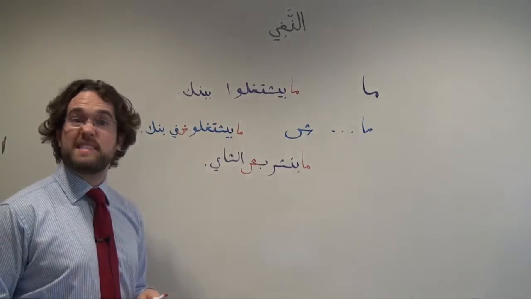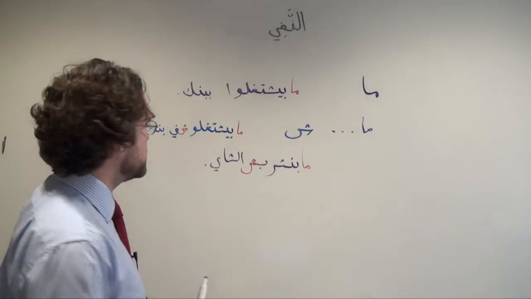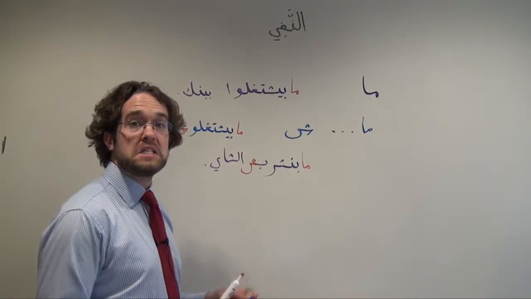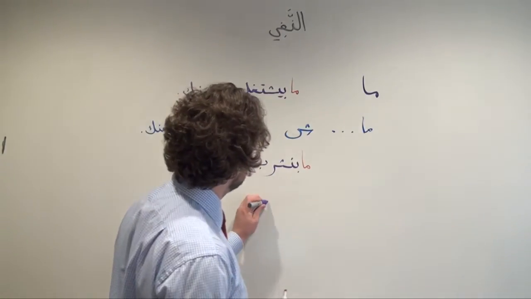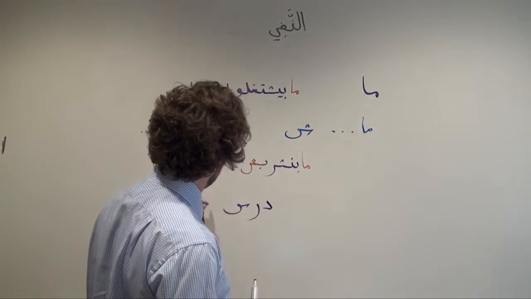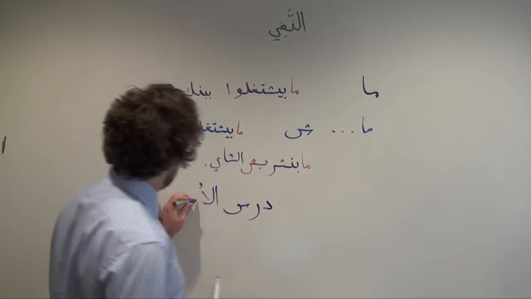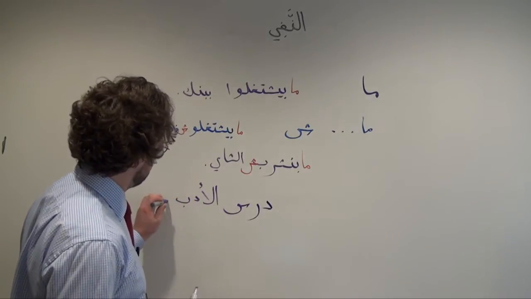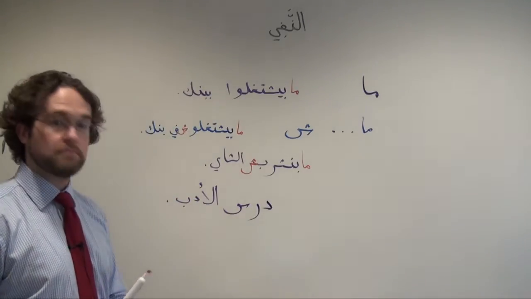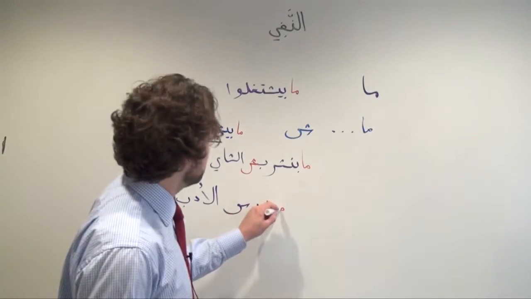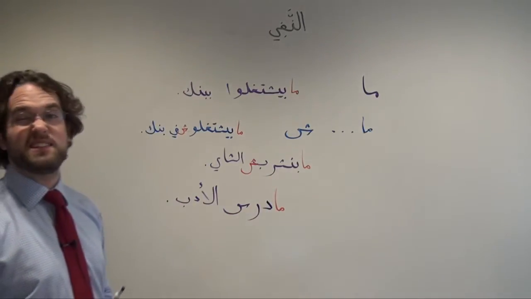In the past tense, it's the same thing. So let's just take one example. If we wanted to say, he studied literature. درس الأدب. Right? In Shami, we add that ma. ما درس الأدب. He didn't study literature.